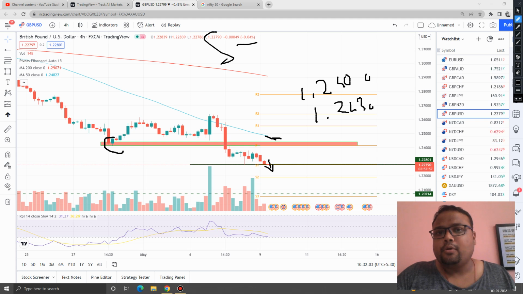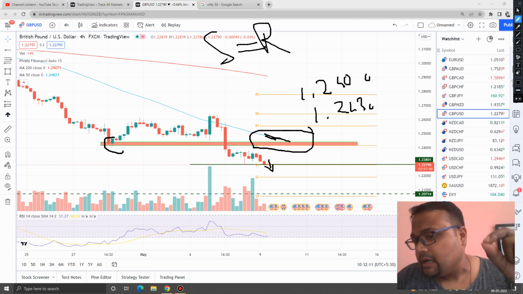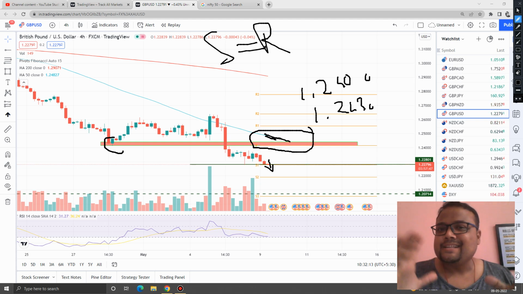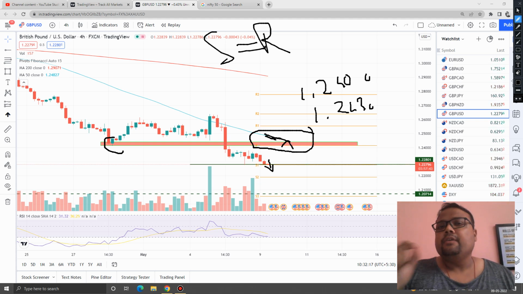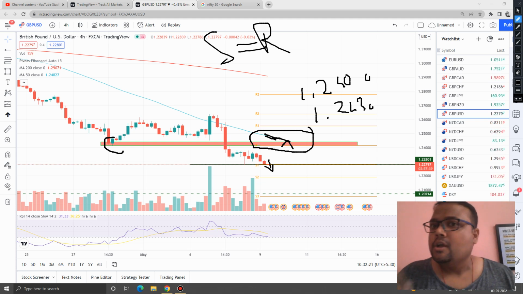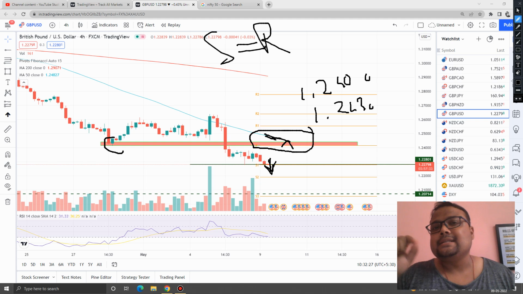So support is acting as resistance, then we have the 50 moving average. So there is a possibility that if market goes up, listen to me carefully, market will reverse from here. If market reverses, if we see price rejection from above, if we see selling pressure around this level, we can take a sell position. But if market breaks this level, starts going down, we can take a sell position.